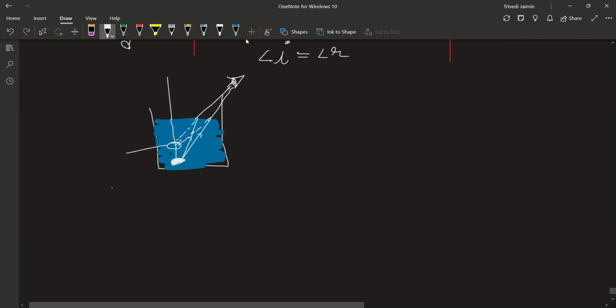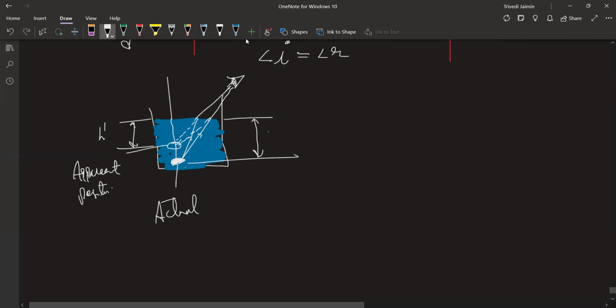This is called the apparent position. This is called the actual. Now this height is called apparent height, and this height is called actual height.